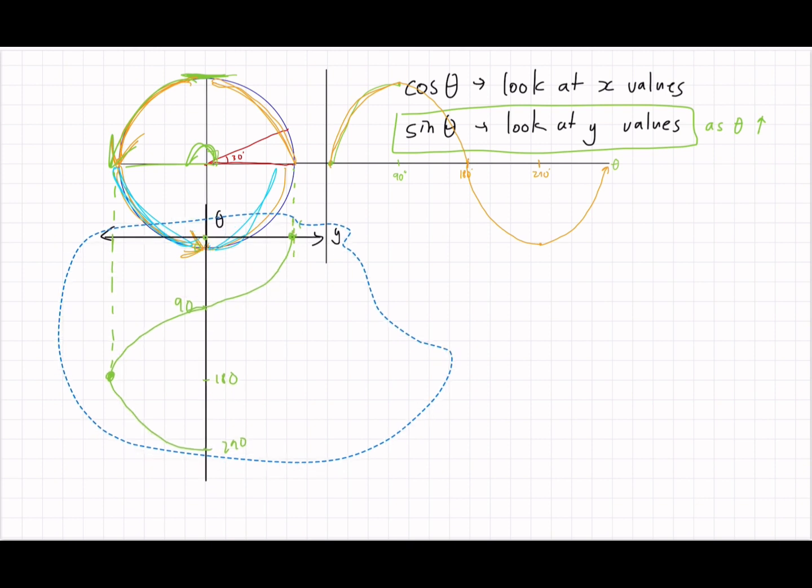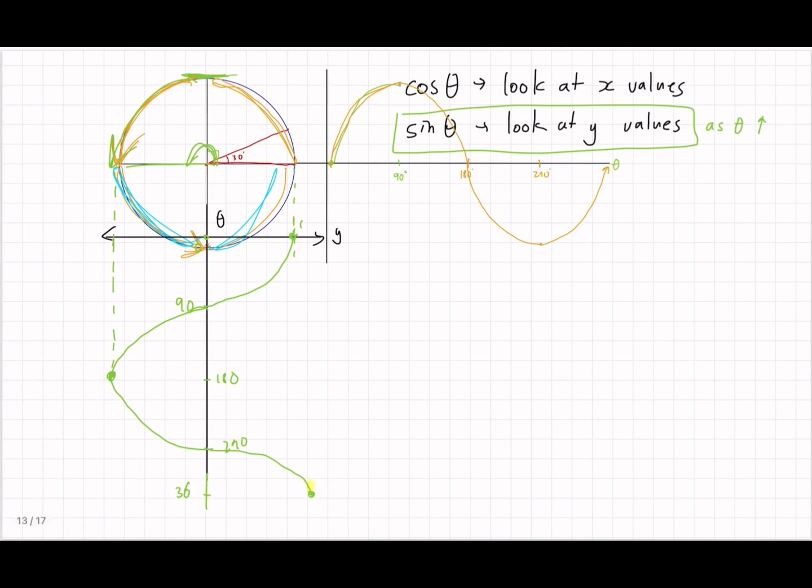Hopefully you can see from like that, right? And so this is going to be our ending value. That's going to be 360 degrees, right? So this should be the same value as here, like that.